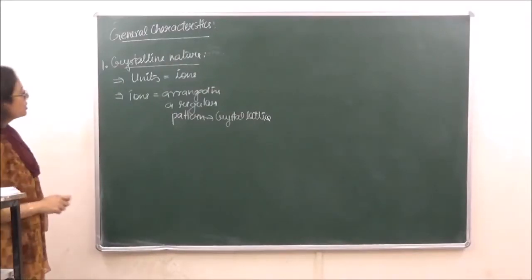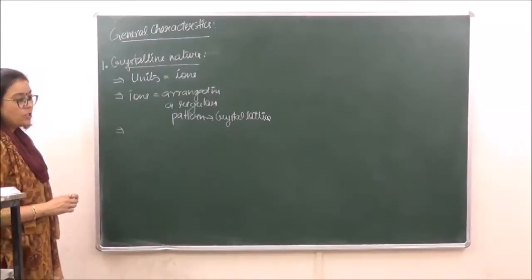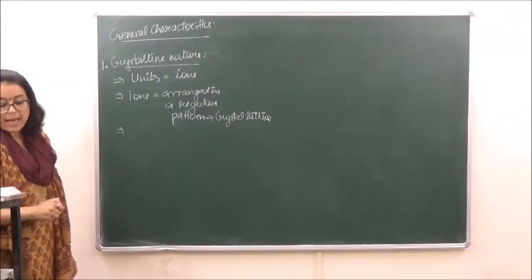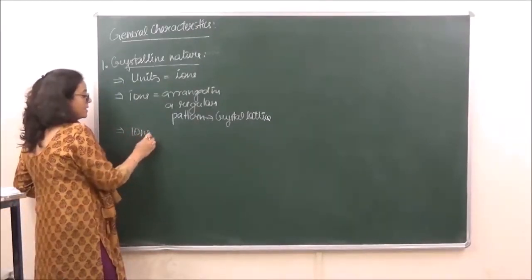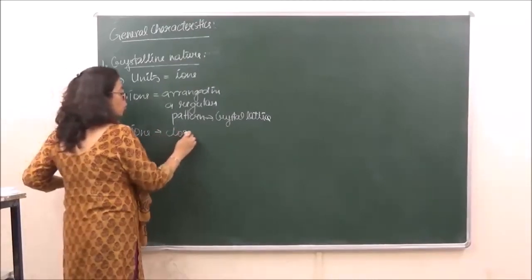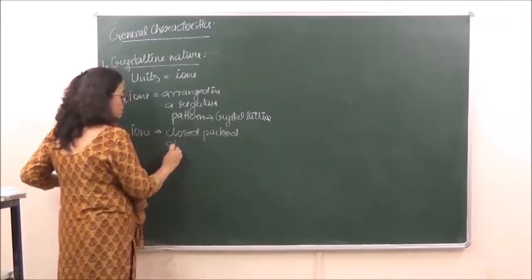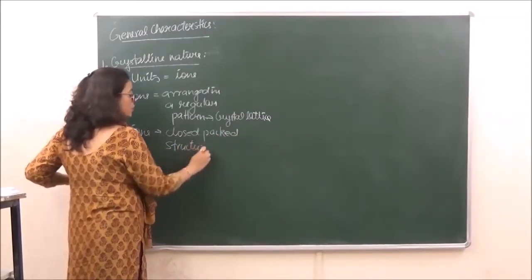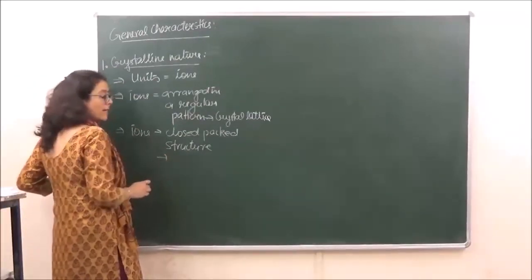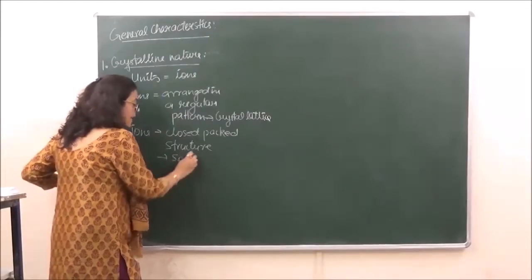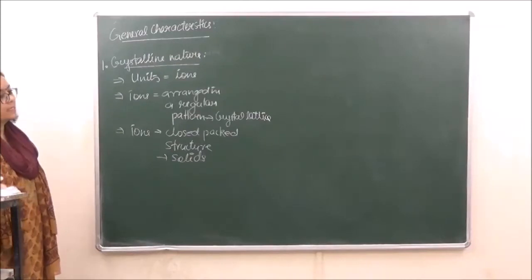Because the ions have a close packed structure, they have no freedom to move. So mostly the electrovalent compounds exist only as solids and cannot exist as liquids or gases.